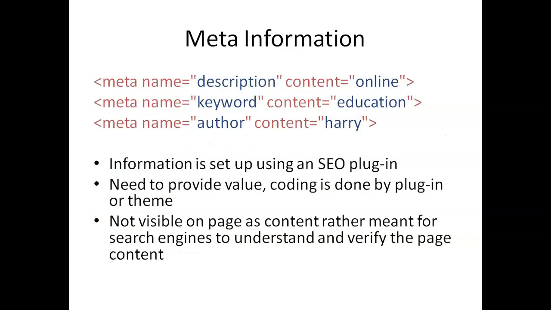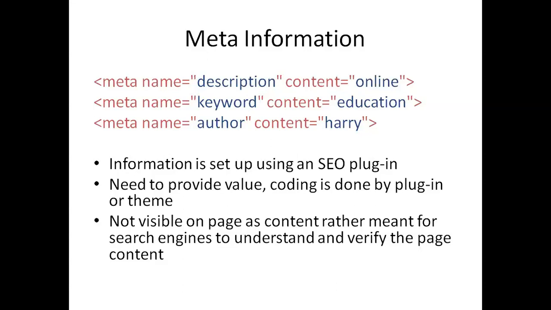Next is the meta information. This is very important from the point of view of website administration, because meta information is not displayed to the client. That is, it will not form the part of client information on the web page. But this information is used by the search engine to check the web page.